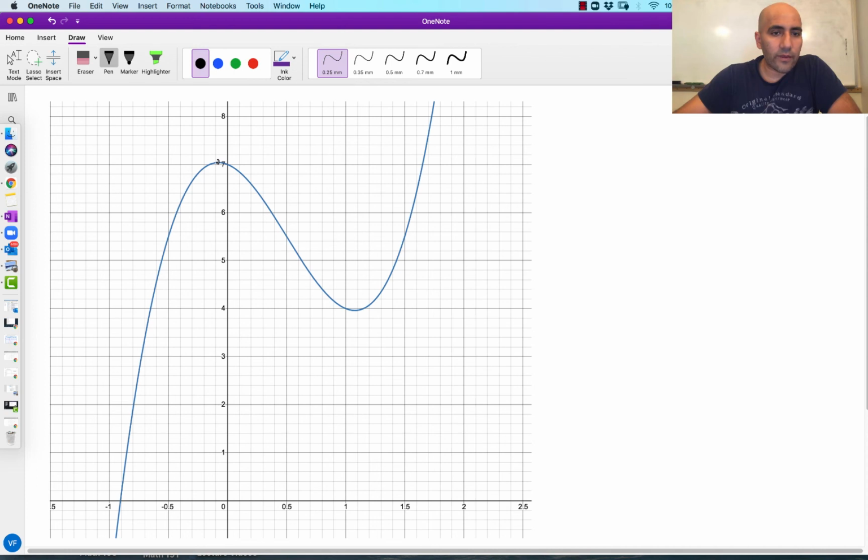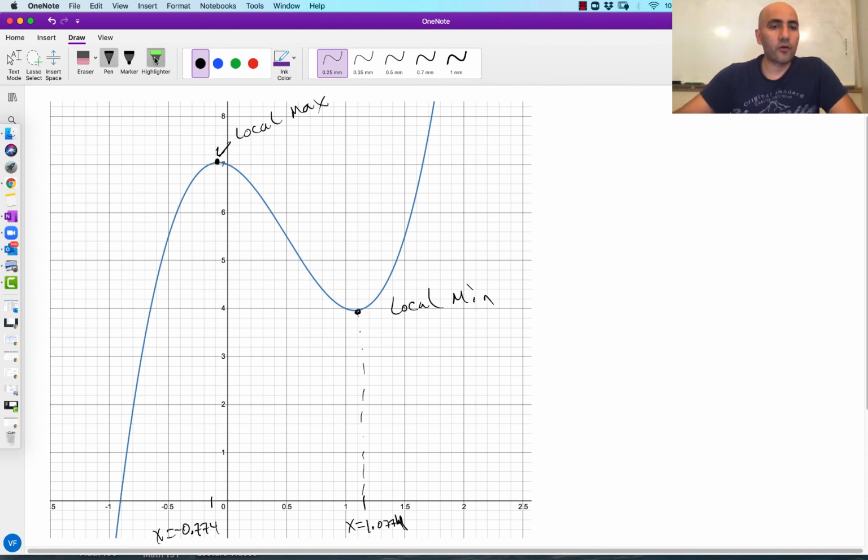So we have a local maximum here, and this translates down to x equals negative 0.774. We have a local max. We have a local min here, and this comes down here at x equals 1.0774.